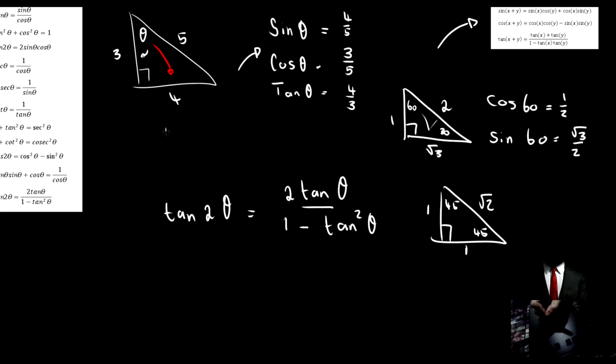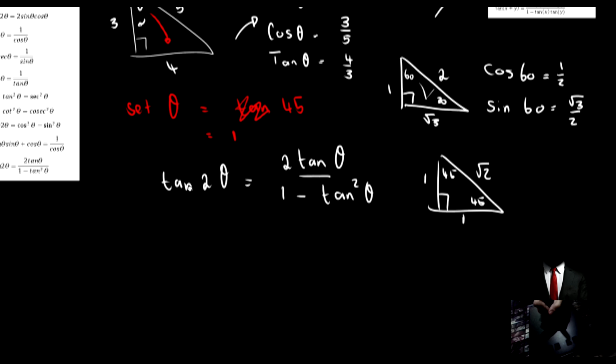So I'm going to use the tan of 45. Let's set theta equal to 45, excuse me. So therefore tan of theta is in fact equal to 1, since it's my opposite over my adjacent. We're going to use 1.